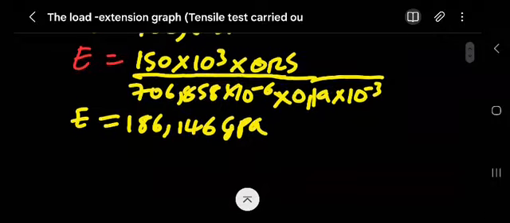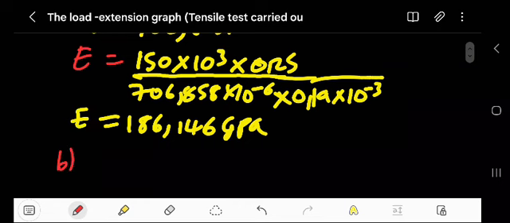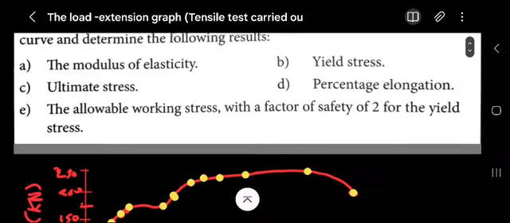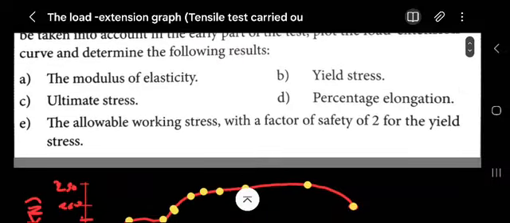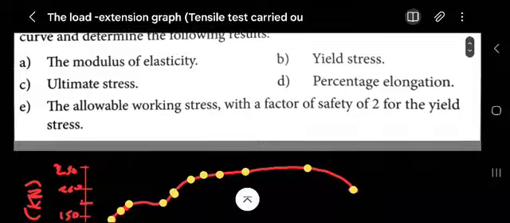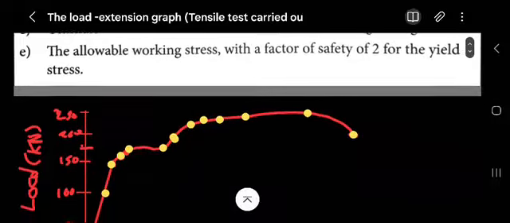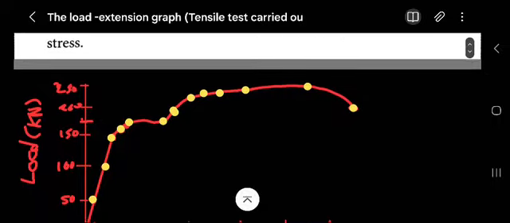And then what is B? We're looking for the yield point. The yield point we determine where the length becomes long.